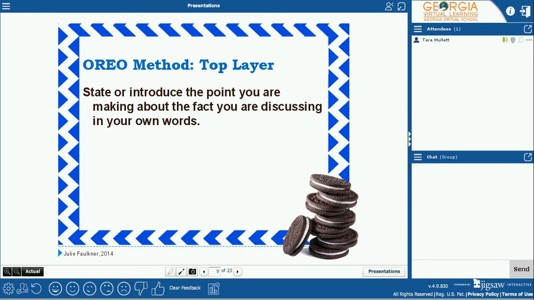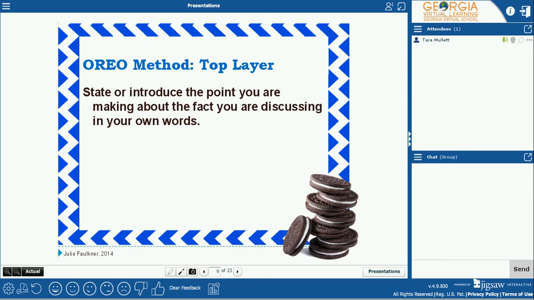The top layer, if you think about an Oreo cookie, it has a cookie, icing, cookie. Okay, it always has a layer. The top layer, when you're talking about quotations and using citations, is to state or introduce the point you're making about the fact you are discussing in your own words. So this would be where you answer the question, present the topic of a paragraph.